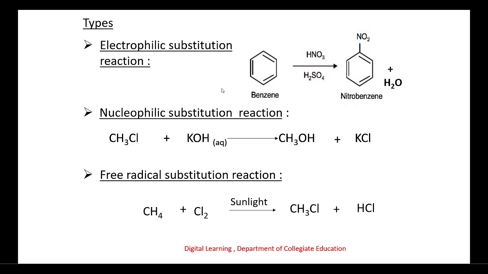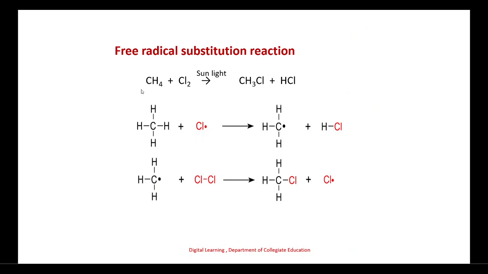Nitration of benzene is an example for electrophilic substitution, hydrolysis of an alkyl halide is an example for nucleophilic substitution, and halogenation of methane is an example for free radical substitution reaction. In detail, let us understand the free radical substitution reaction.